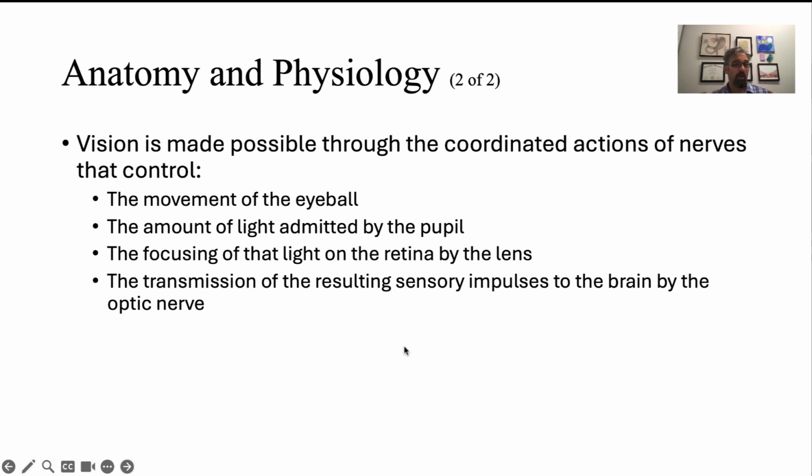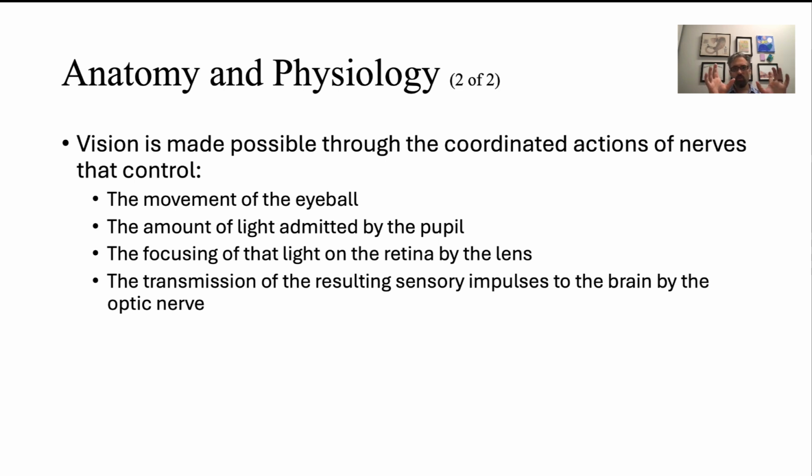Vision is made possible through a variety of different types of nerves. So in order to let vision happen, you actually have to have a lot of stuff that goes on. You need to make sure that the eyeball is actually focused on whatever it needs to. So that means you need to move the eye in the appropriate direction.